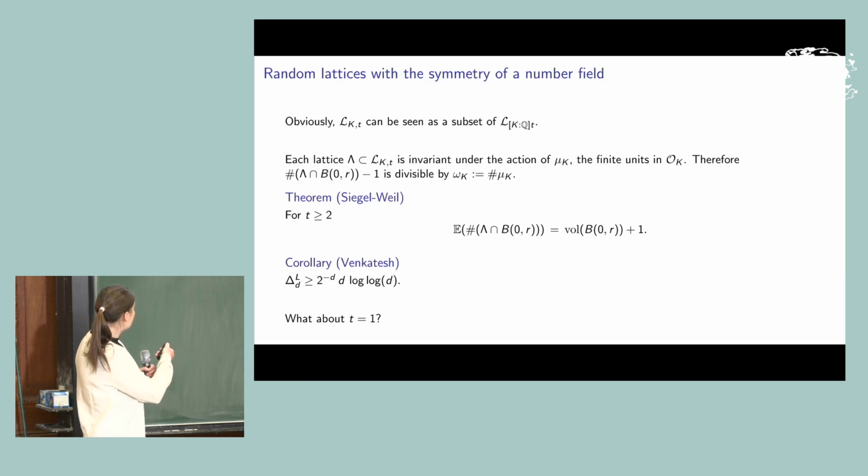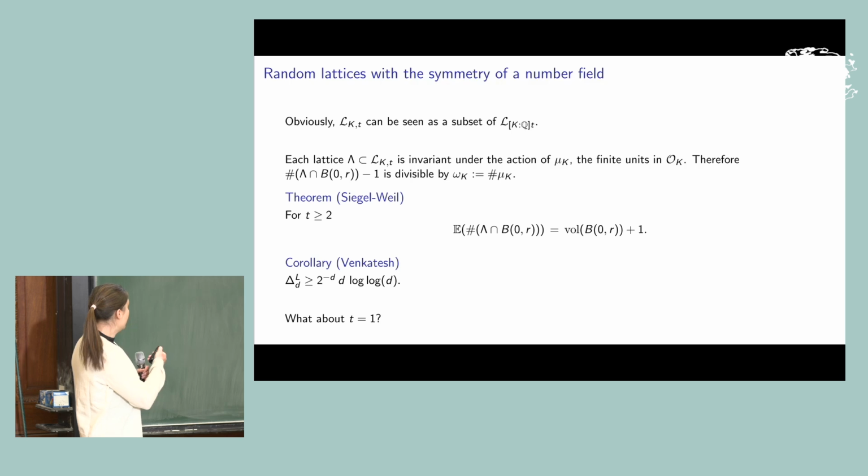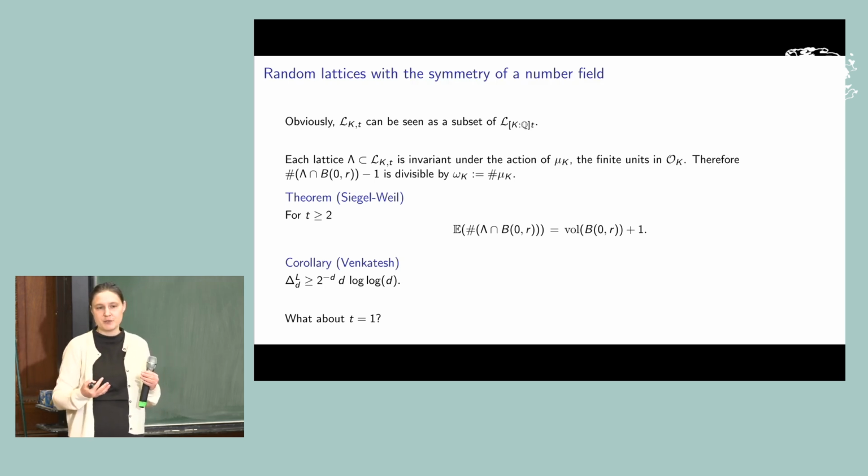And so what is important is that for this newly constructed space, if our t, the rank, is bigger or equal than 2, then the analog of Siegel's mass formula works. It's called the Siegel-Weil formula. And we also get that the expected number of lattice points inside of the lattice is again the volume of the ball.